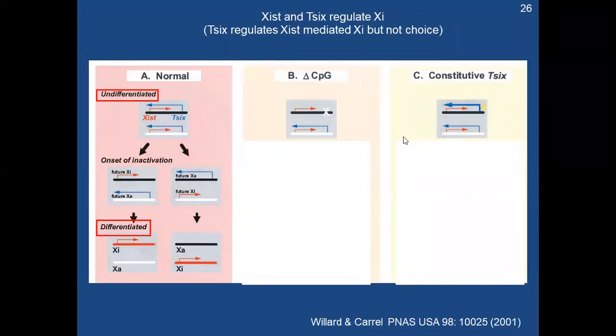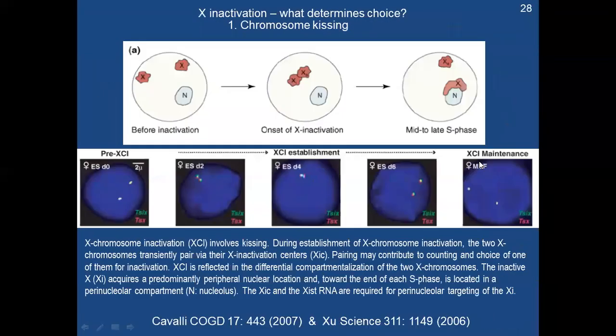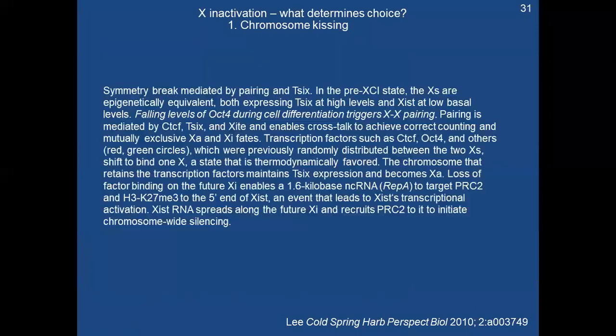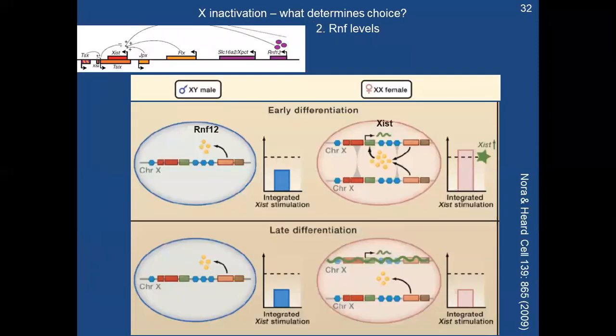So your chances of activating Xist here are very low because this one is most likely bound with pluripotency factors at the same time. So even if you had a lot of RNF12 around, it is probably not going to be able to activate this transcript. You are with me?